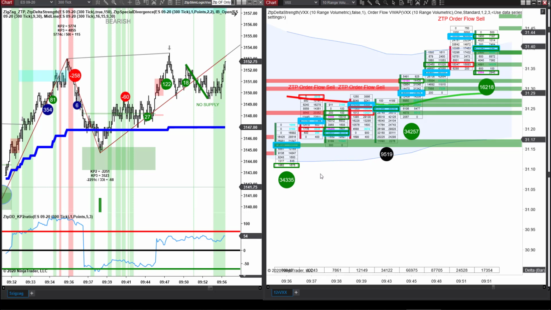So even though that would have been a quote-unquote successful trade, there would have been a lot of doubt in whether or not it would have succeeded, and I definitely would have moved my stop and not risked anything at all. So that was a trade that I'd just rather not take.